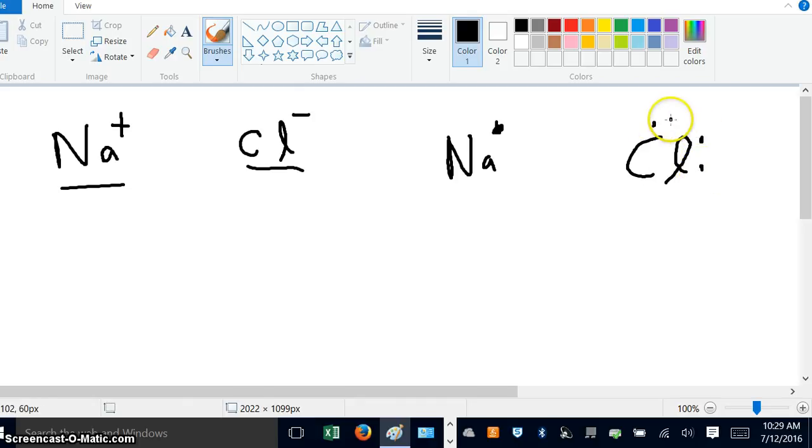Remember, you're imagining a box. Alright, and notice there's a space for an electron for the chlorine. And so this is how you draw this: the one outer electron of sodium will go right here.